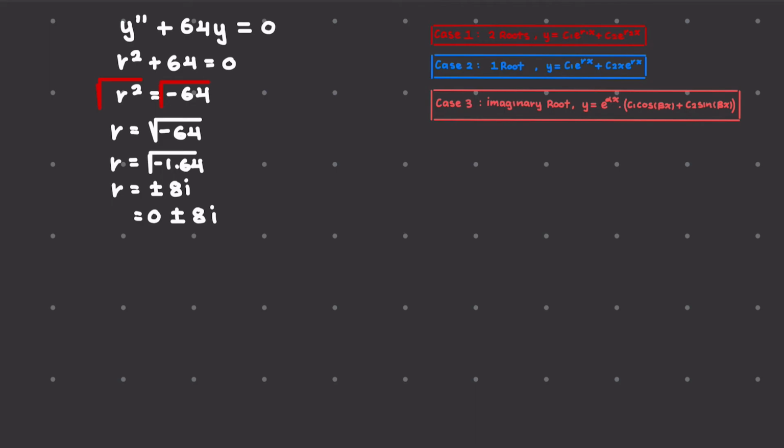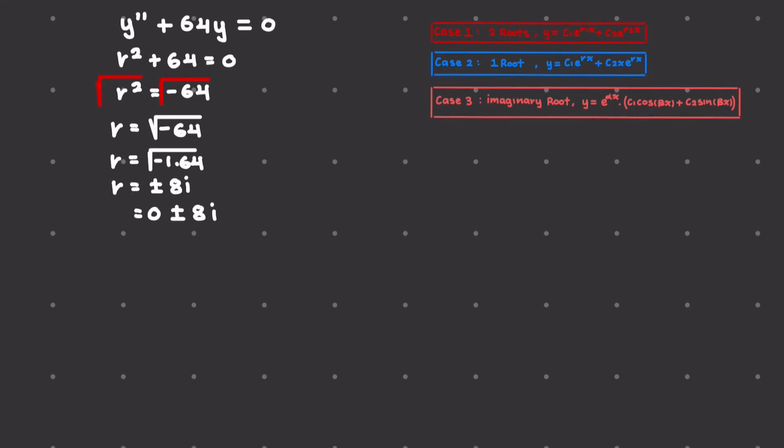So you know by now, we're going to use case 3 since this has an imaginary root in it. And why I write it down in this form of 0 plus or minus 8i is because r1 in an imaginary root is equal to alpha + beta i, and for r2, it will equal alpha minus beta i.